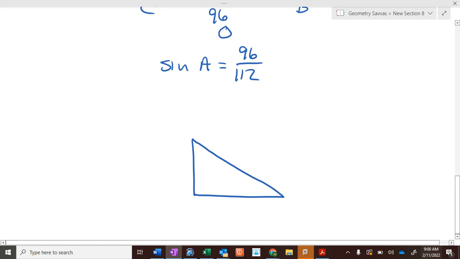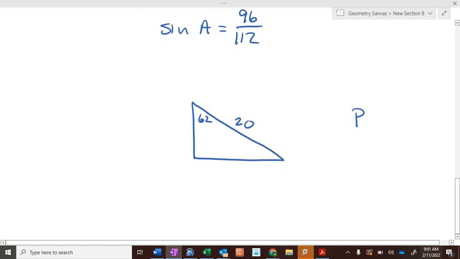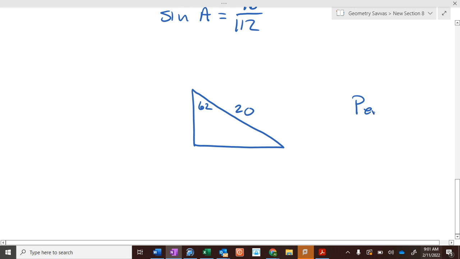Then if we have a triangle and this is 62 and this is 20, what's the perimeter of this triangle? Okay, so this is the hypotenuse, right?